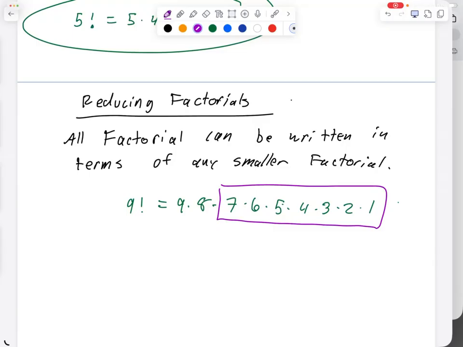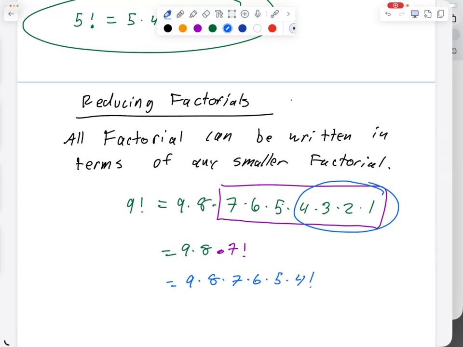It starts at 7 and multiplies down to 1. It's 7 factorial. So we could say that this is the same thing as 9 times 8 times 7 factorial. I can also say, if I wanted to, right here, I can say this is 9 times 8 times 7 times 6 times 5 times 4 factorial.